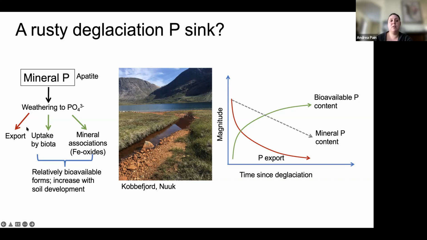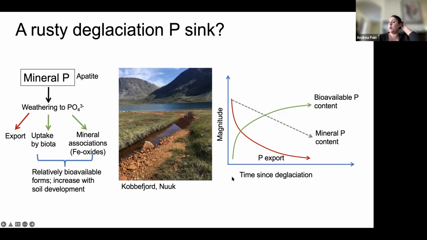So this phosphate can either be exported in the streams, or it can be stored in other forms. So it can be taken up by biota. It can also be absorbed to mineral phases, particularly iron oxides, that tend to form during soil development. So these are relatively bioavailable forms and increase with soil development.